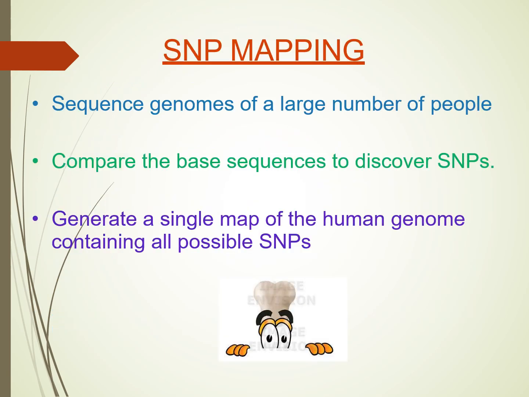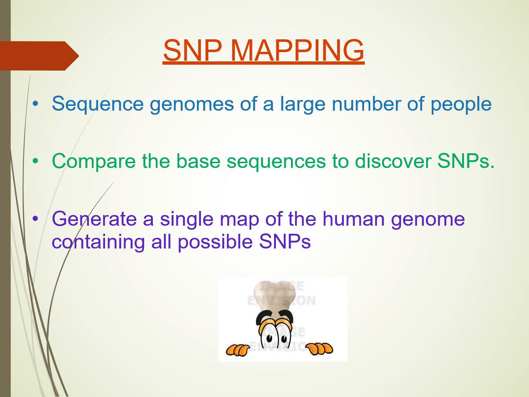Then SNP mapping. Now, SNP mapping is carried out by sequencing the genomes of a large number of people. So you collect the genomic DNA sample from different groups in the human population. Let's take the example of human. You collect the genome sequence from the different groups of the human population, and then you determine the sequence of the whole genome.